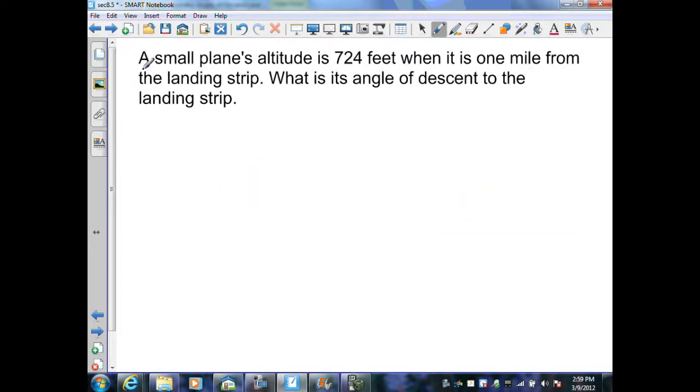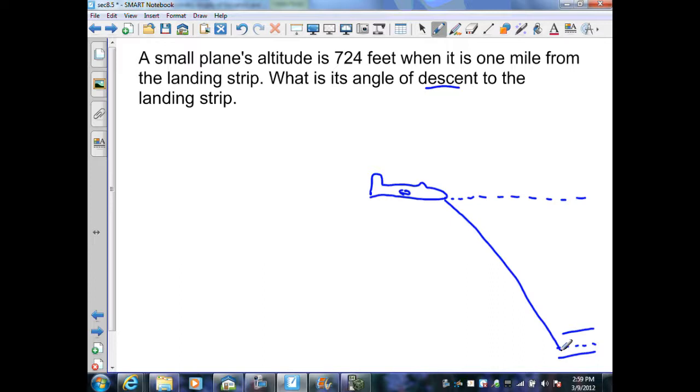In my last example, a small plane's altitude is 724 feet when it is 1 mile from the landing strip. What is the angle of descent to the landing strip? Or what is the angle of depression? I have a small plane and it is looking for a landing strip. It has a horizontal line of sight, and then it sights its landing strip.